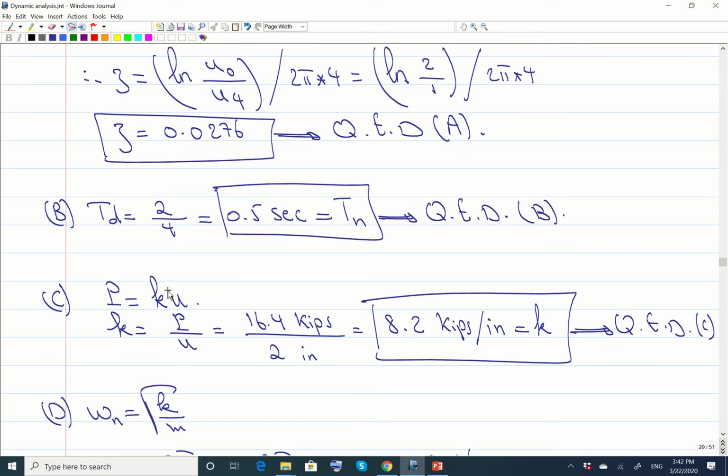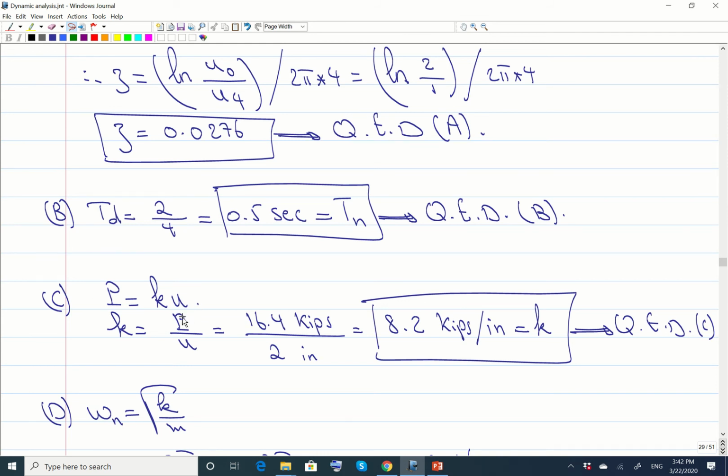Now, to find K, the stiffness, we know P equals Ku. You would say, no, P equals m u double dot plus c u dot plus k u. Yes, this is the dynamic equation, but before starting the dynamic oscillation, when you apply the force on the cable, there was a displacement that was a static application of the force.